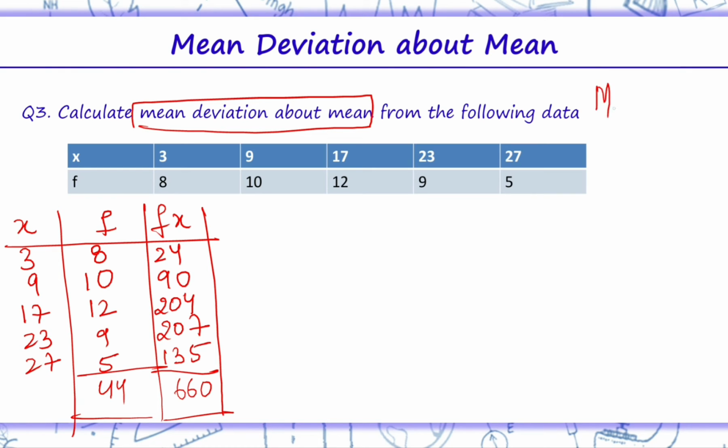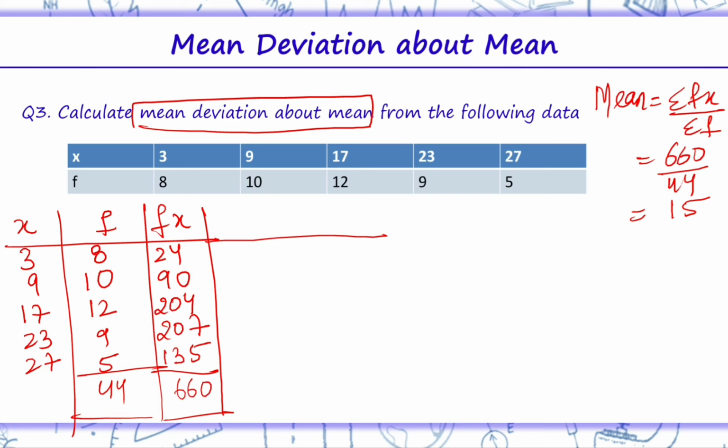I'll calculate the mean over here. The formula for mean is summation fx by summation f, which is 660 by 44, equal to 15. Now we'll make the next column in which we calculate mod of x minus x mean. 3 minus 15 with mod, it will be 12, 9 minus 15 it will be 6, 17 minus 15, 2, 23 minus 15, 8, 27 minus 15, 12.